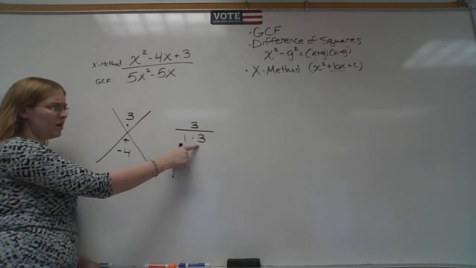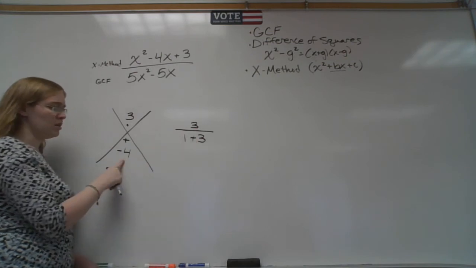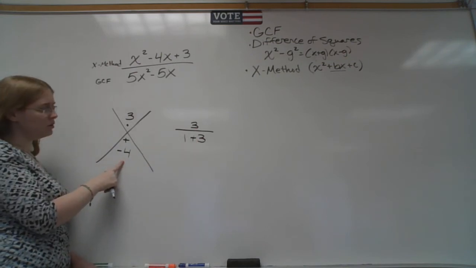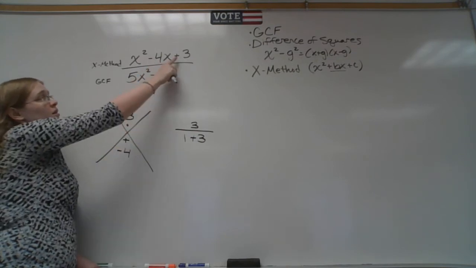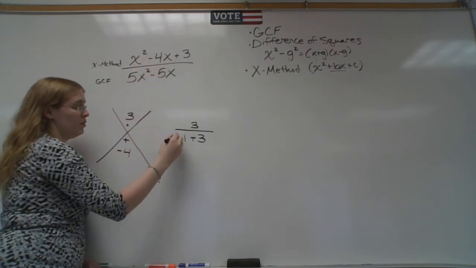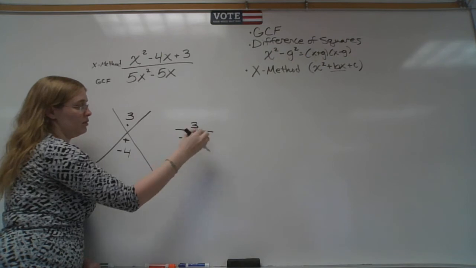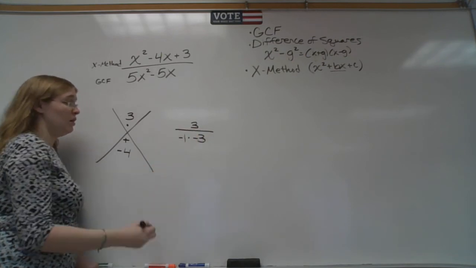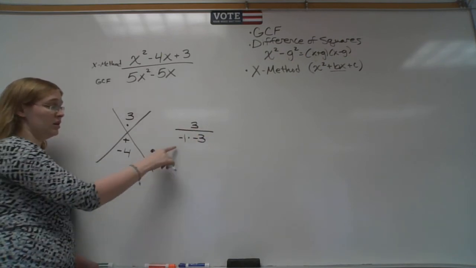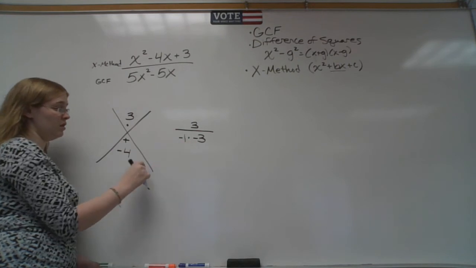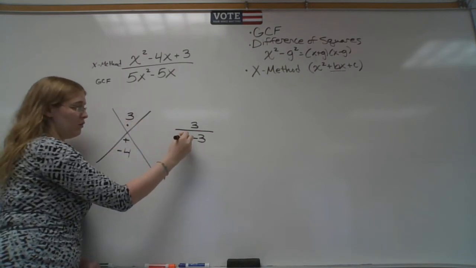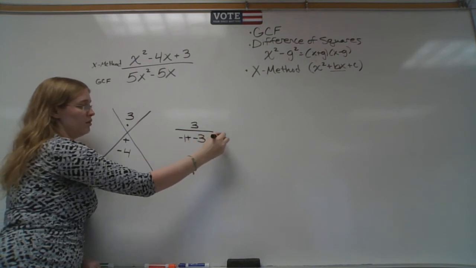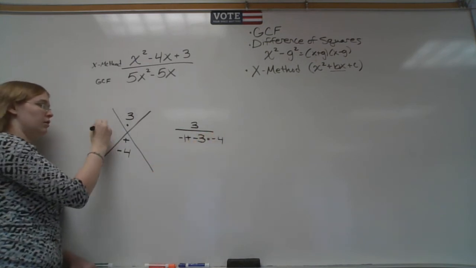But wait, 1 plus 3 does not equal negative 4. That's because, remember, if you have a negative b and a positive c, both of these have to be negative. So, -1 times -3 is +3, and -1 plus -3 is -4.